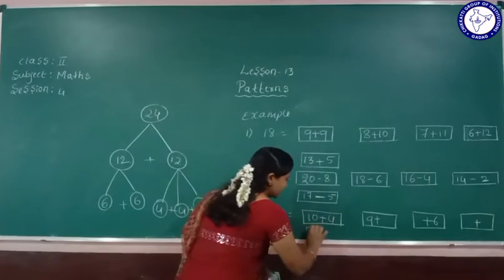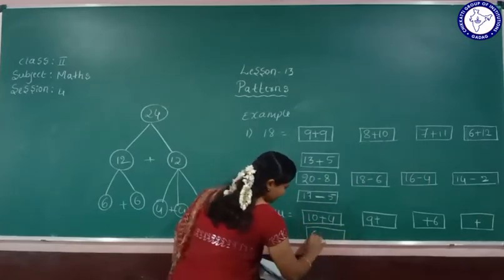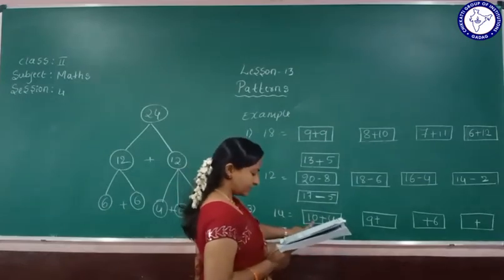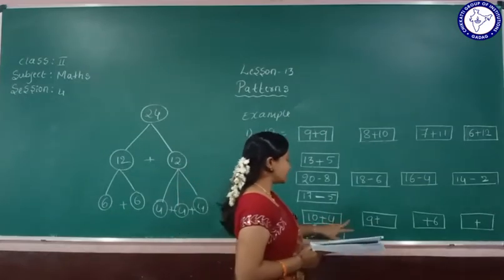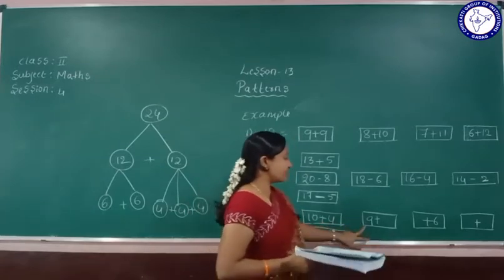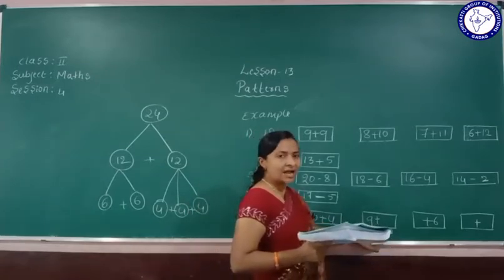Last one, that is 6 plus how much do we add here? Yes, so they have given here first one, 10 plus 4 is how much? 14. Yes, like the same, 9 plus how much will we add to 9?